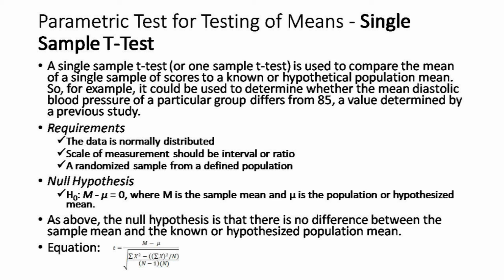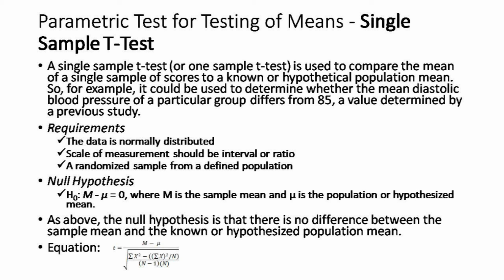So this formula can be modified to simply m minus mu upon s by root n, where m is the sample mean. If we write the sample mean as x bar, our t statistic becomes x bar minus mu divided by s by under root n, where s is the sample standard deviation.